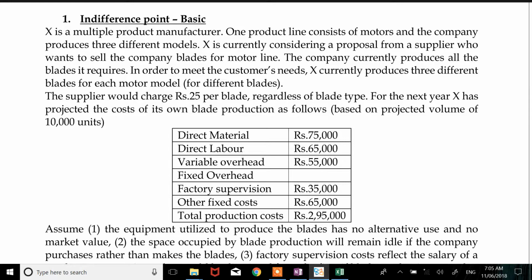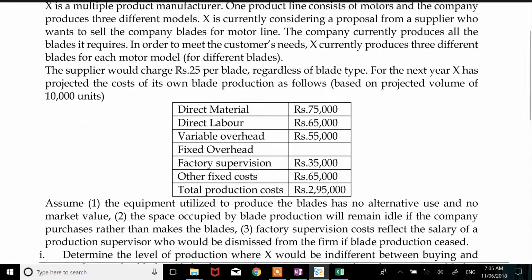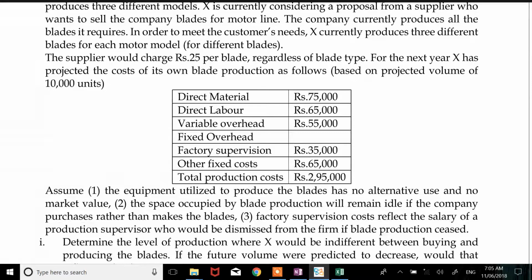In order to meet the customer's needs, X currently produces 3 different blades for each model. Supplier will charge 25 regardless of blade type. For the next year, X has projected the cost of its own blade manufacture as follows. Equipment to produce has no alternative use. Space will remain idle. Factory supervision reflects the salary of a production supervisor who would be dismissed from the firm if blade production ceased.